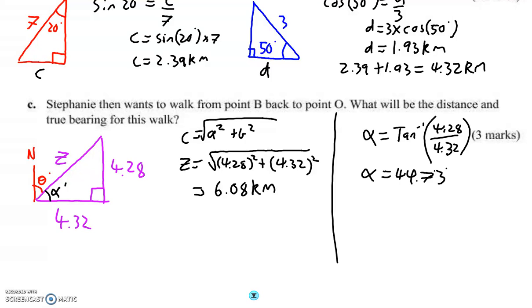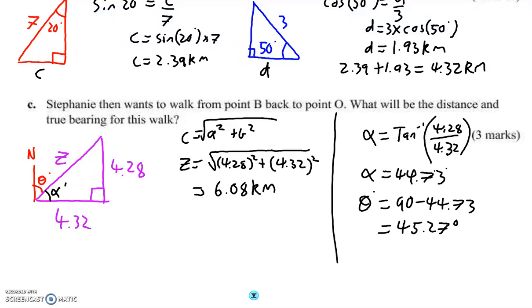To find theta, theta is going to be 90 degrees minus alpha, because this here is a 90-degree angle. So, theta equals 90 minus 44.73. So, the true bearing she has to walk to get home is 45.27 degrees.